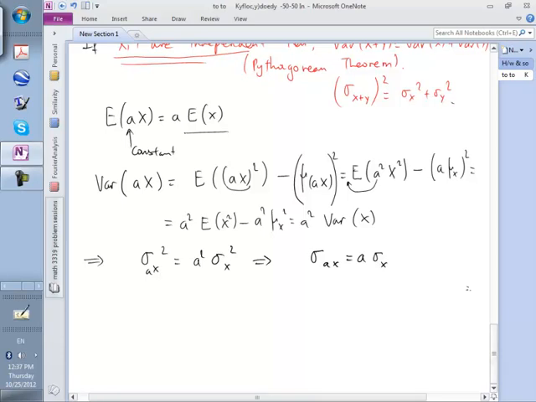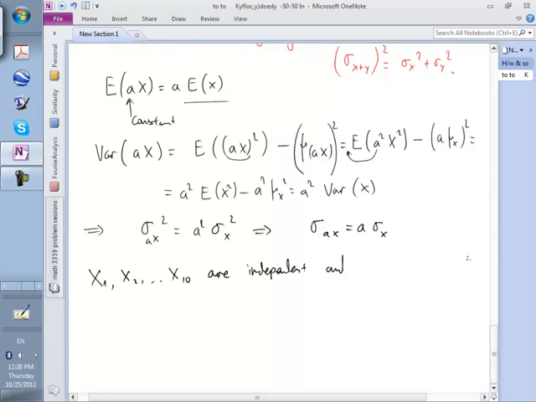So here is my first new definition. Let's take 10 random variables that are independent and identically distributed. What does identically distributed mean? That means ID. There's an abbreviation here, ID.